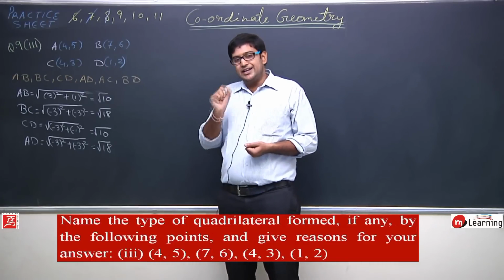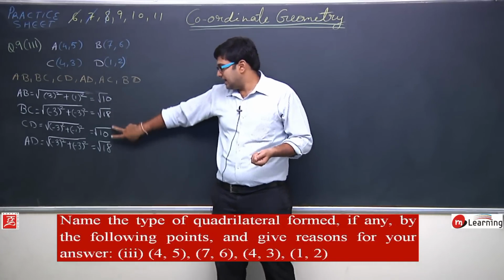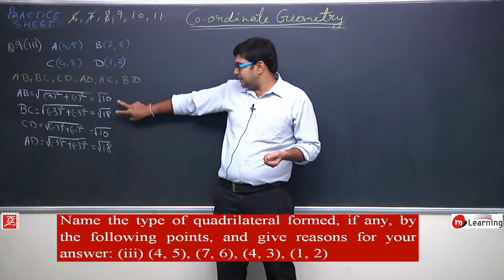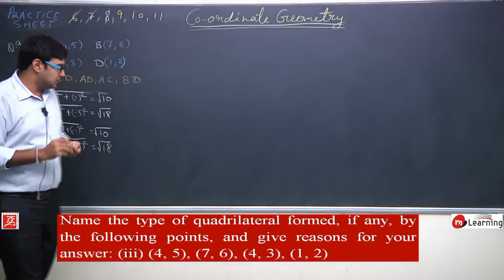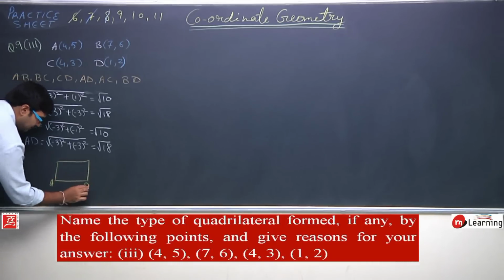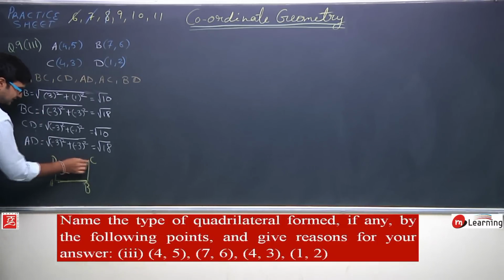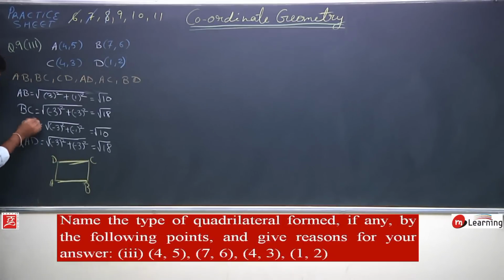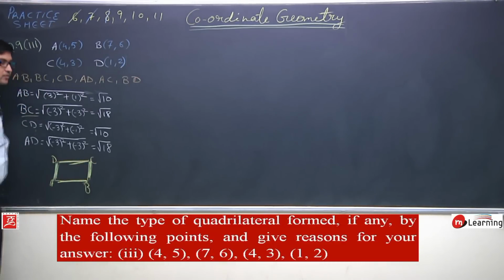You can see a very interesting pattern here, that AB and CD are equal and BC and AD are equal. So if my figure is a quadrilateral like this is A, B, C and D, AB is equal to CD, these two lengths are equal, and this BC and this AD are equal.